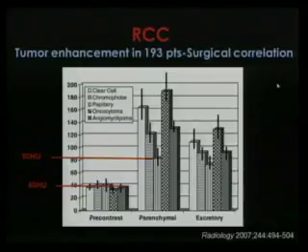I talk about enhancement, and if we consider 20 Hounsfield units as the change to consider enhancement, we have to say also that most of the solid tumors in the kidneys are in the range of 40 Hounsfield units.